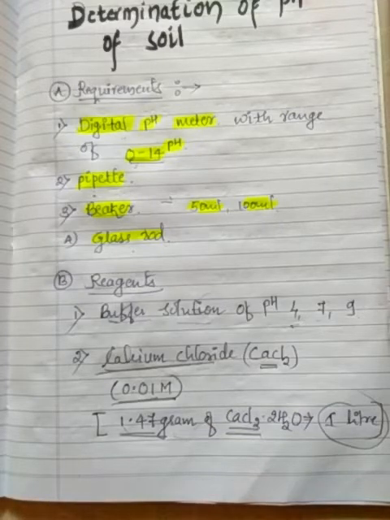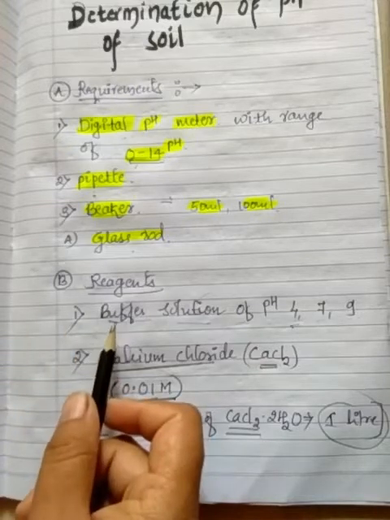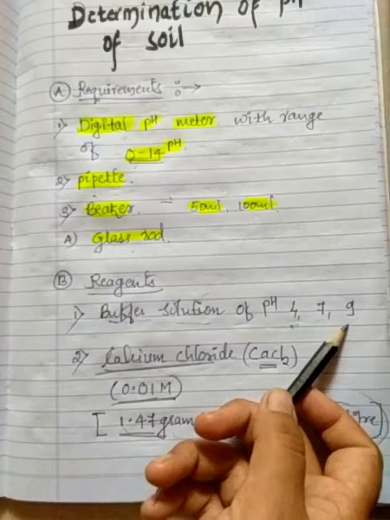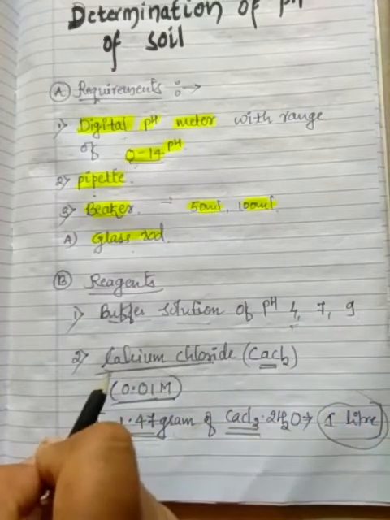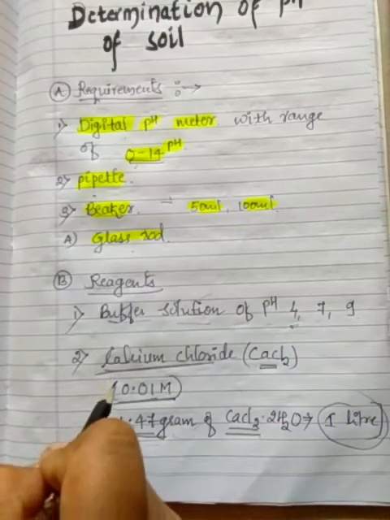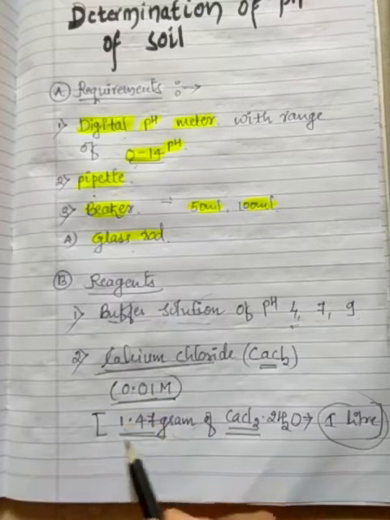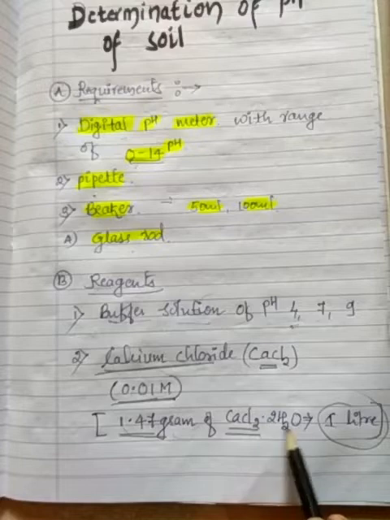So these are the reagents we need for this particular experiment. Once again: buffer solutions of pH 4 acidic, 9 basic, 7 neutral, and calcium chloride of 0.01 M, having 1.47 gram of CaCl2 dissolved in 1 liter of water.